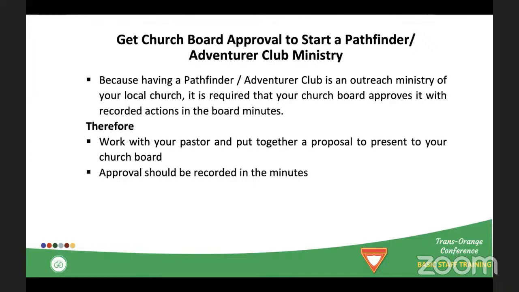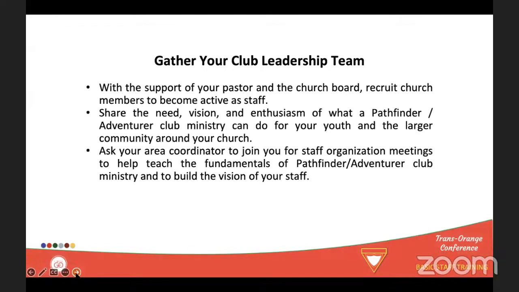The next slide is gather your club leadership team. With the support of your pastor and the church board, as we have taken your proposal to the church board, now you have the buy-in from the church board. You recruit church members to become active as staff. Remember, the staff for the Pathfinder, the Adventurer staff are church members.